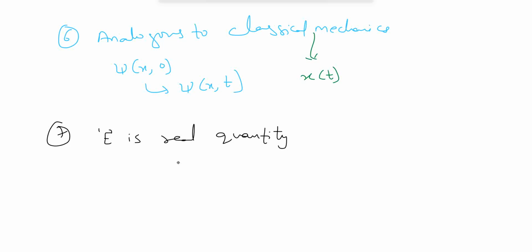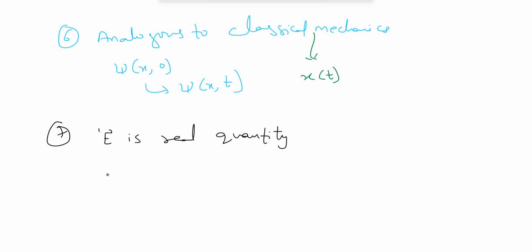E is an eigenvalue, and it is known that the property of Hermitian operators is that their eigenvalues are always real. So E is an eigenvalue of the Hamiltonian H cap, hence it is always real.